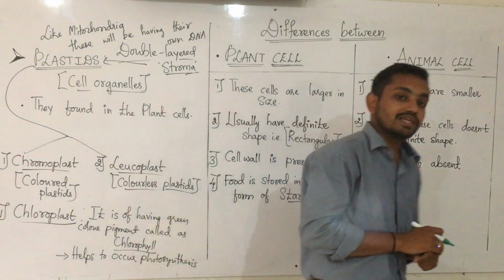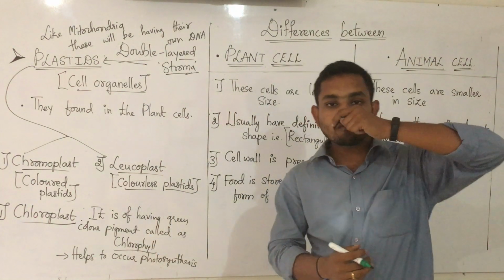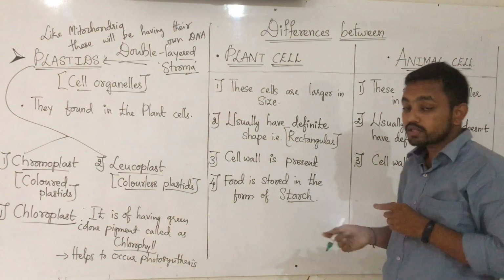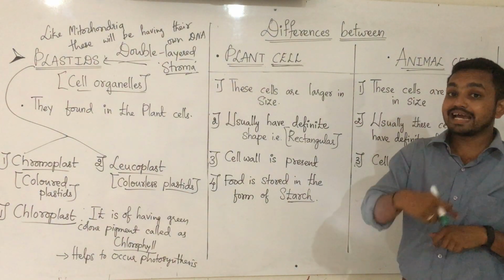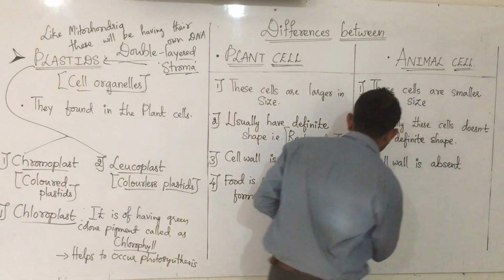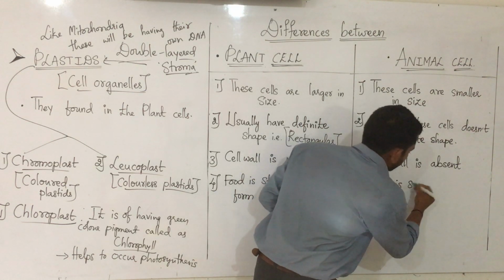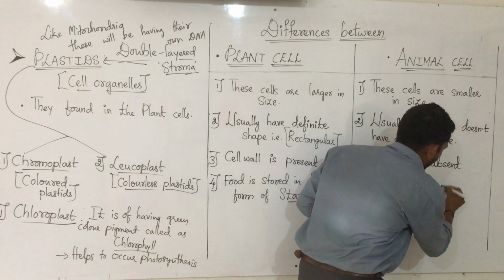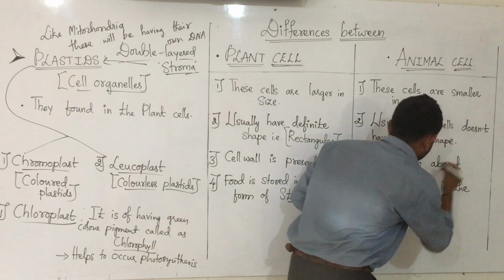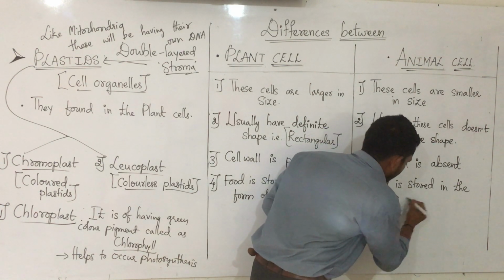But coming to the animal cell, whatever food is formed is stored in the form of glycogen.